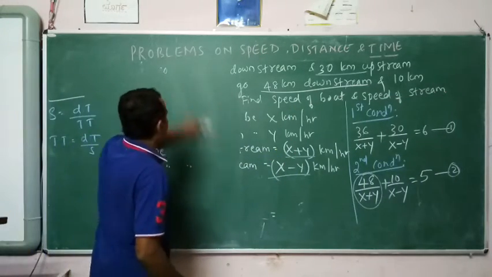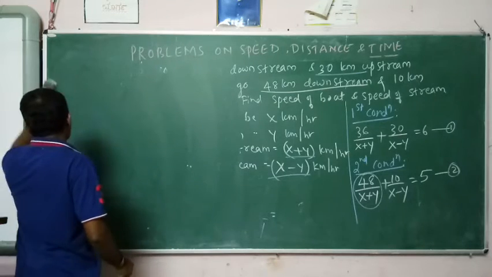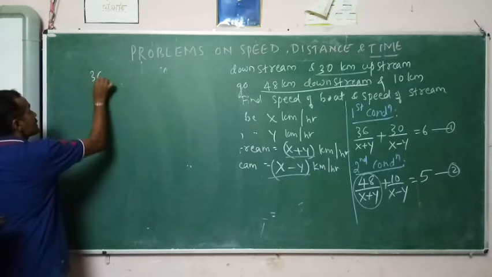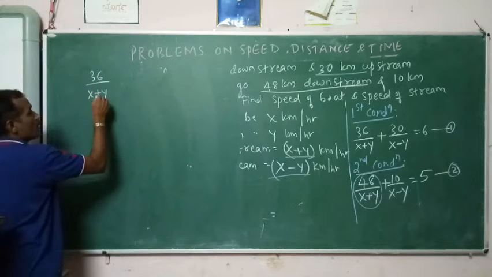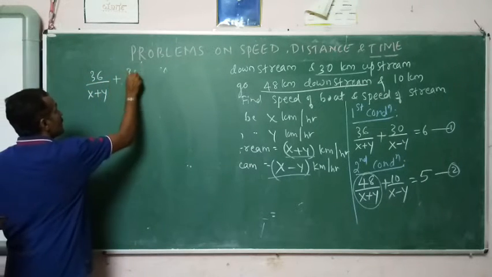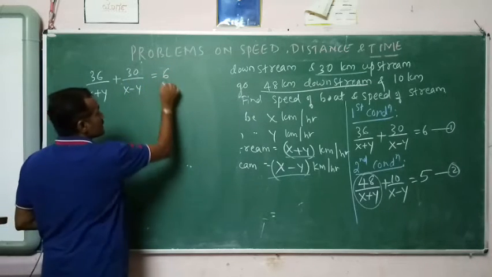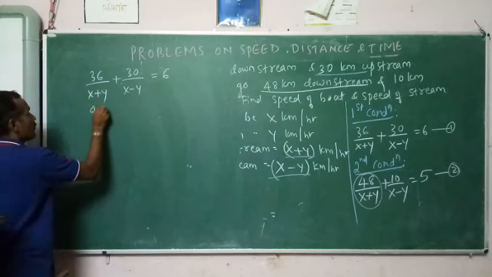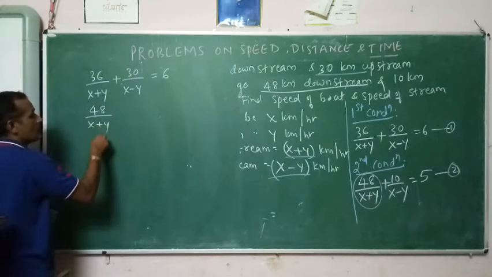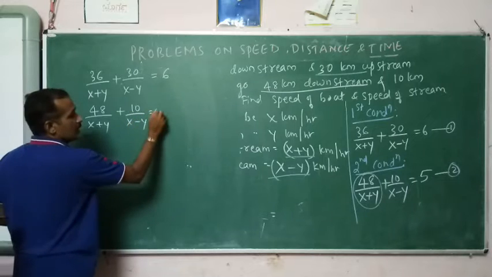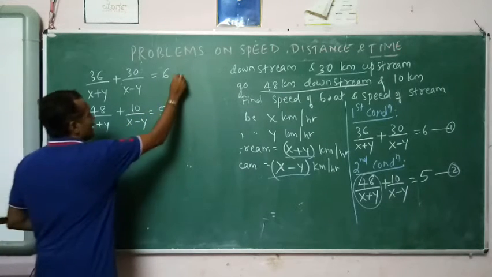Now, let me solve those 2 equations. What are the equations? 36 by x plus y plus 30 by x minus y is equal to 6. Second equation: 48 by x plus y plus 10 by x minus y is equal to 5.